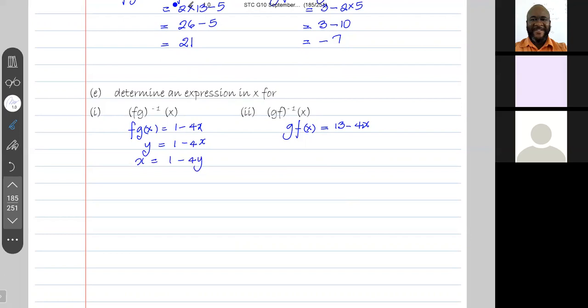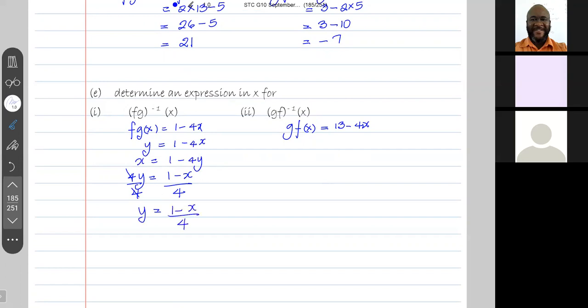So x is equal to 1 minus 4y. Step 3 is to make y the subject. So minus 4y on the right goes over to the left and becomes positive 4y is equal to 1 minus x. Positive x on the left goes over to the right and becomes negative. Then I divide both sides by 4, and we get y is equal to 1 minus x over 4.